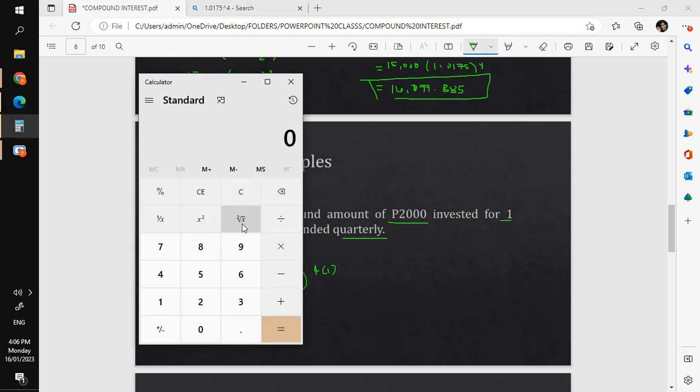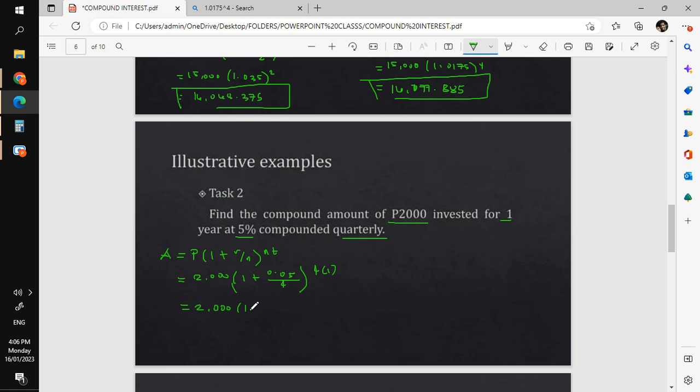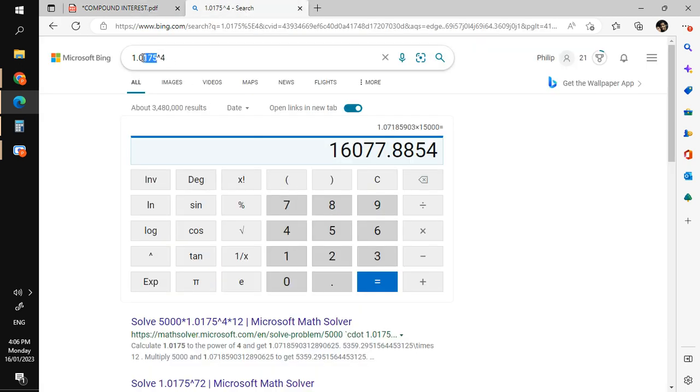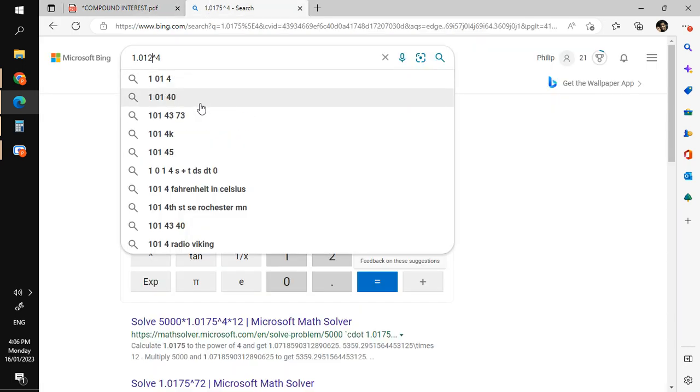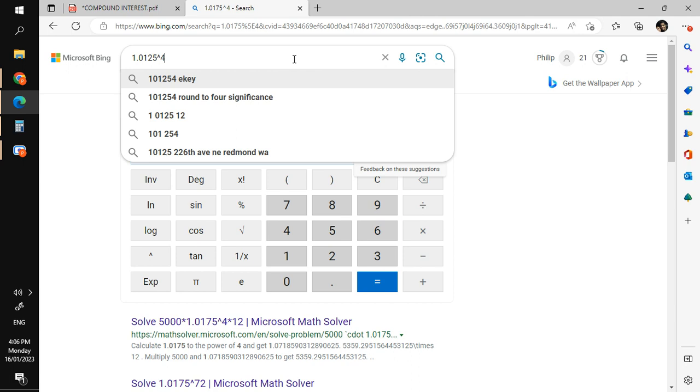We'll have the final answer directly. So 0.05 divided by 4, that's 0.0125 plus 1. So that is 1.0125 raised to 4. So using again our digital calculator, you have 1.0125 raised to 4.